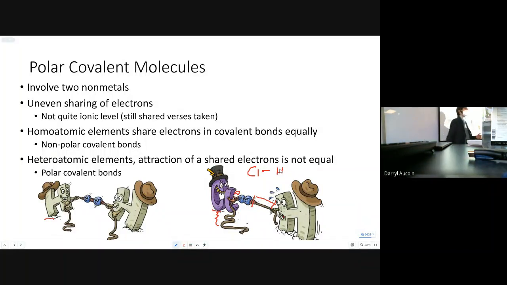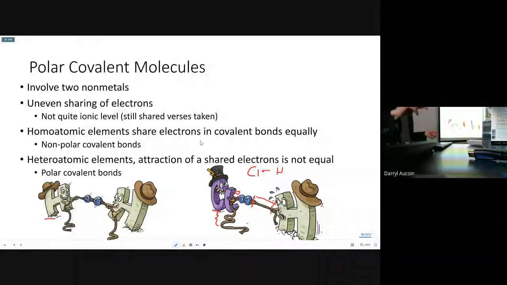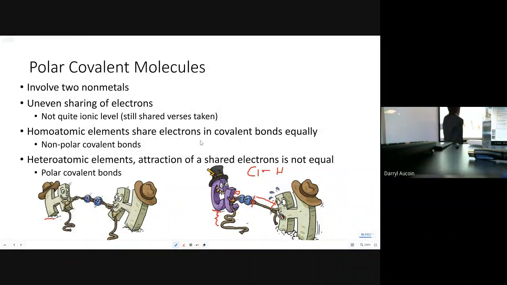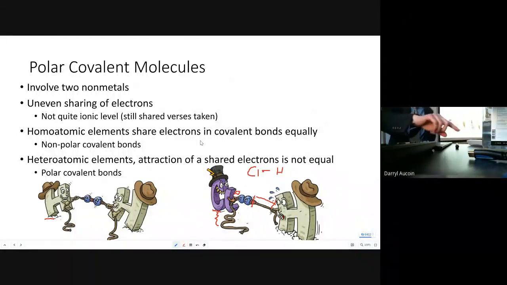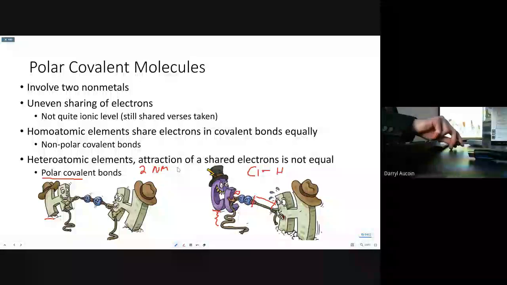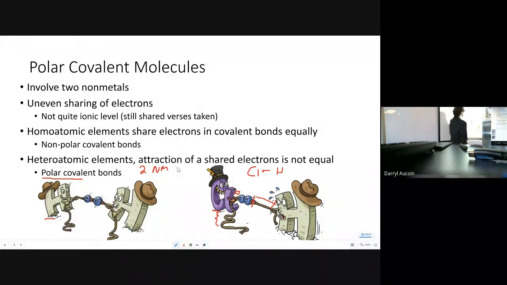And that's because this is what we'd call a polar compound. So polar compounds arise when you have two nonmetals, but they're two nonmetals that don't share the electron equally. So a polar covalent bond is still two nonmetals, but they're two nonmetals that aren't sharing their electrons as well.